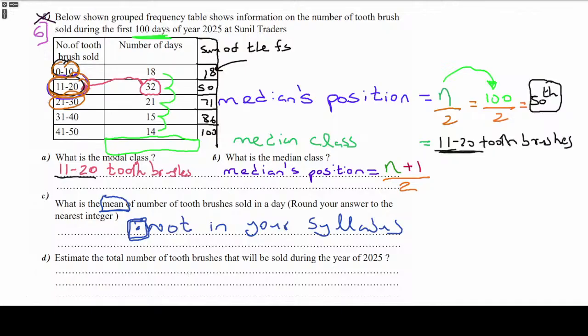Question D is connected to question C. Since you are not doing question C, question D is not required. So both of these questions are nullified, and you're not required to answer. So only A and B are to be answered. All right.